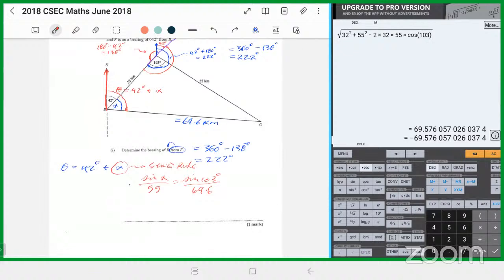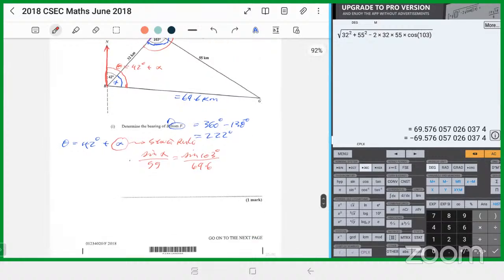Because we calculate alpha with the sine rule, I'm not seeing another way right now, because I don't have anything relating to this line down here. So I don't understand why it's 1 mark.